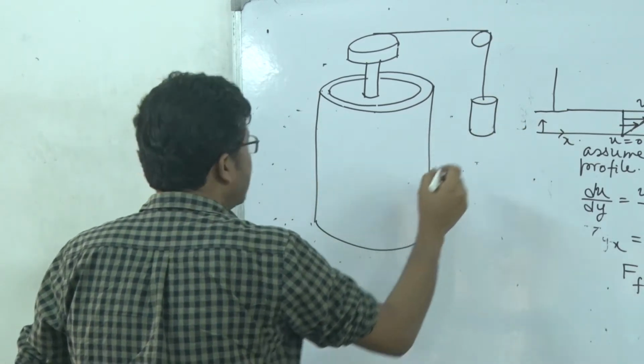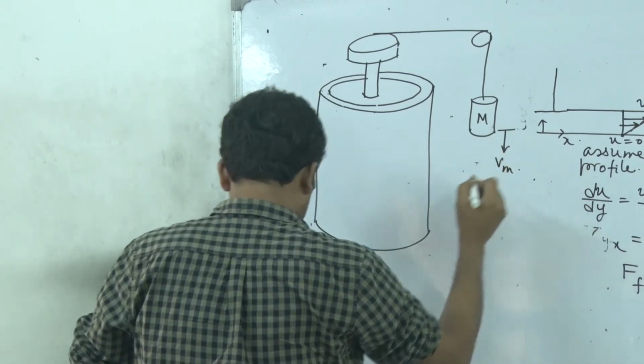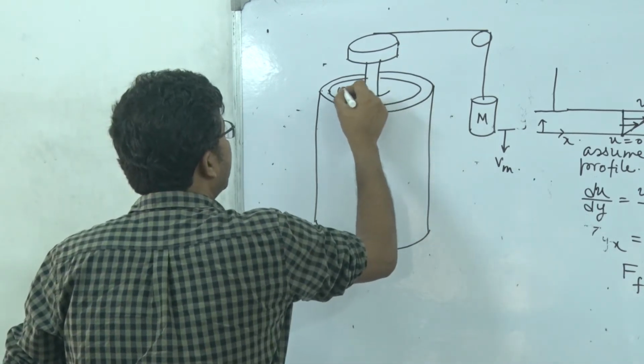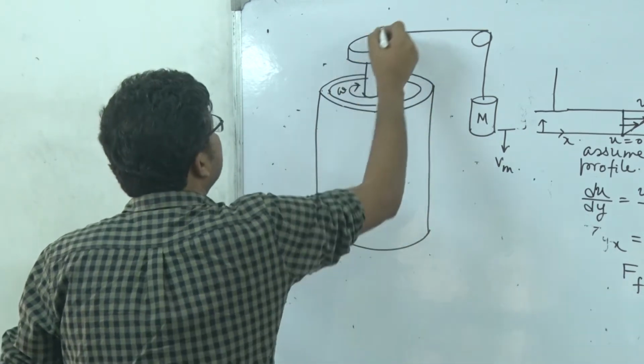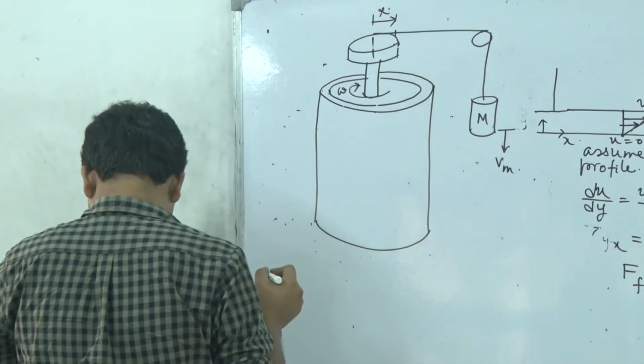The mass is m, moving with velocity vm. Omega, and this much of radius is r, small r.